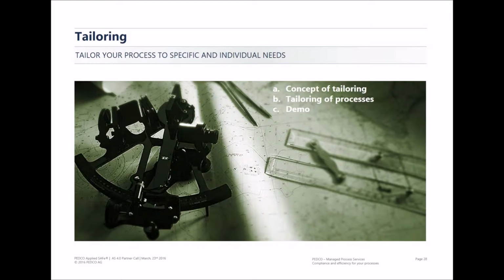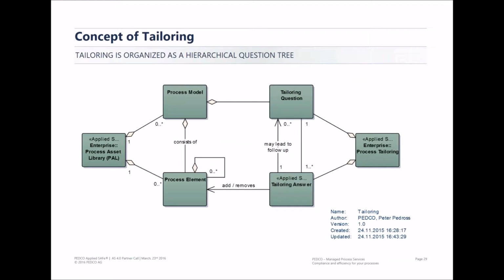What we are using for that is the tailoring mechanisms as they are built into Applied SAFe, and we have a specific model for that. This is also in your model report or in the guided tours. We have our process model, which consists of process elements: the work products, activities, processes, roles, and so on.